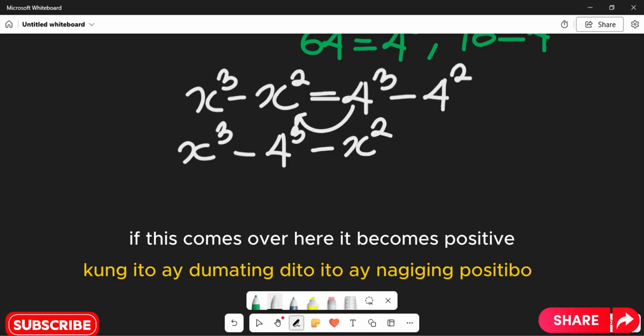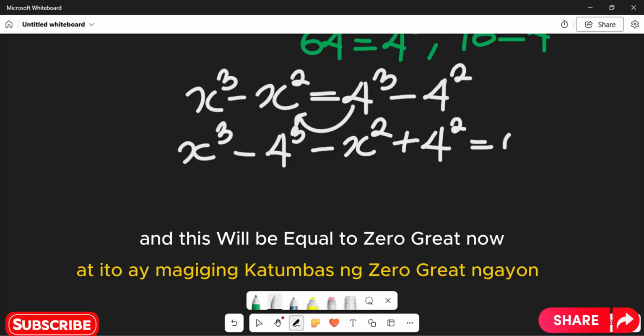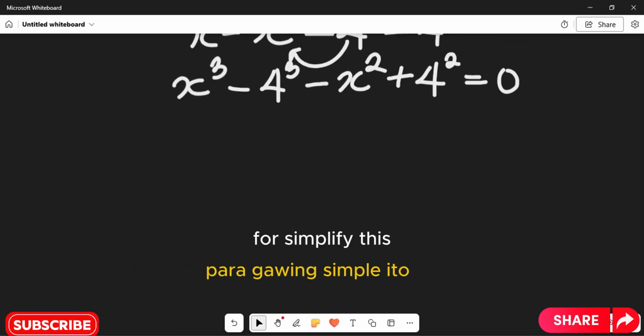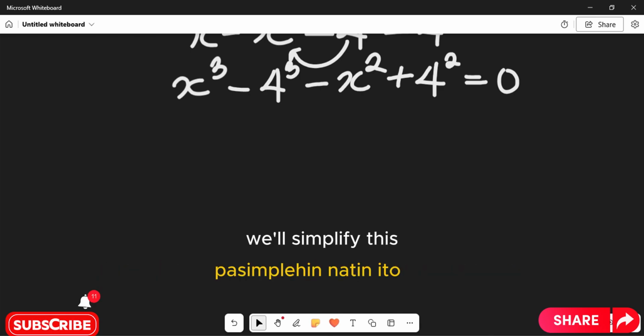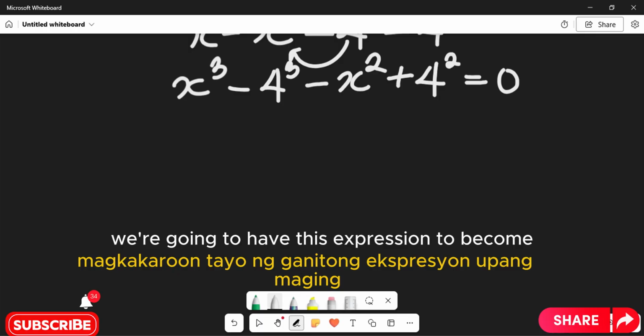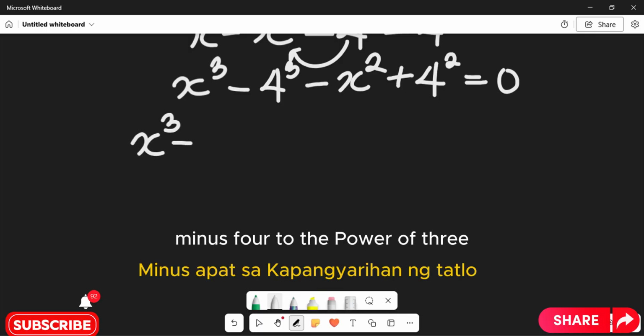If this comes over here, it becomes positive 4 to the power of 2, and this will be equal to 0. Great. Now, if we simplify this, we are going to come to a very good expression: x to the power of 3 minus 4 to the power of 3.